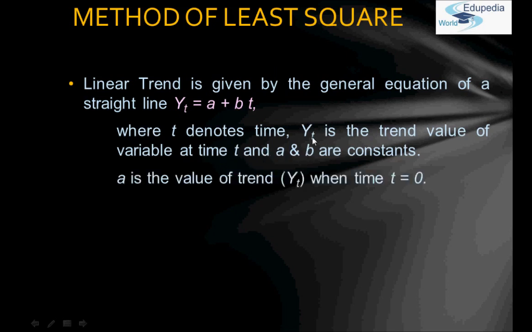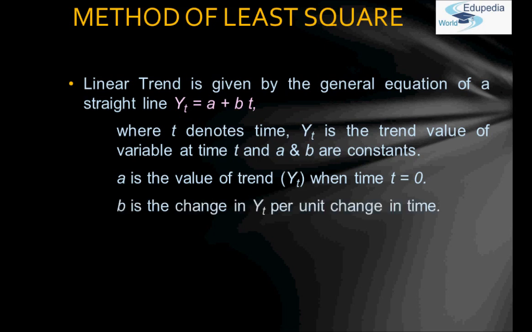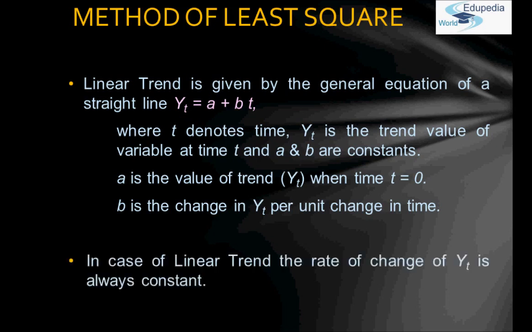You know that a is the value of the trend, that is the value of the variable yt when the time is 0, that is at the beginning, and b is the change in the value of yt per unit change in time. So we know it's the slope or rate of change of the variable. Since we are going to use only the linear trend, the rate of change of yt is always going to be constant. As we know, the slope remains the same for a linear equation or for a straight line.